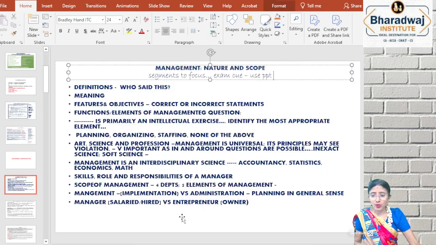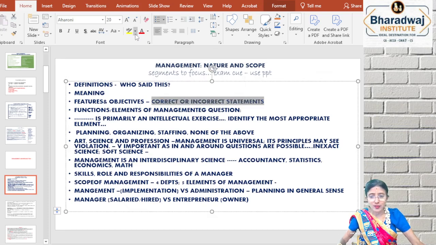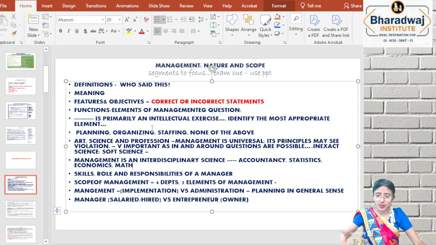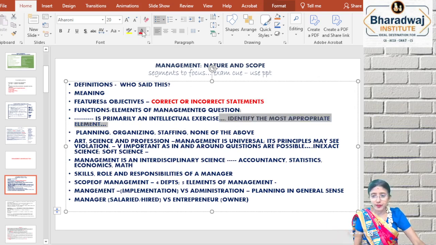Now, what is it that I'm going to do? The definitions I'm going to prepare. Features and objectives for correct and incorrect statements. Correct and incorrect. Okay. Elements and functions of management. See, I've given identify the most appropriate element.